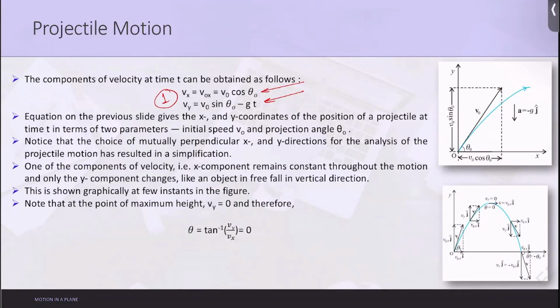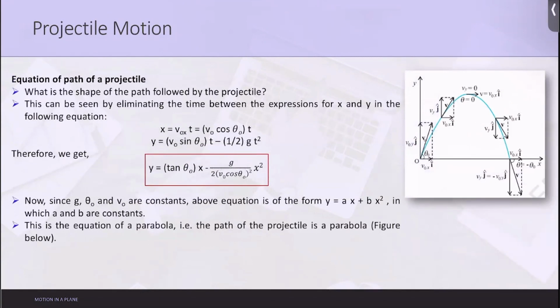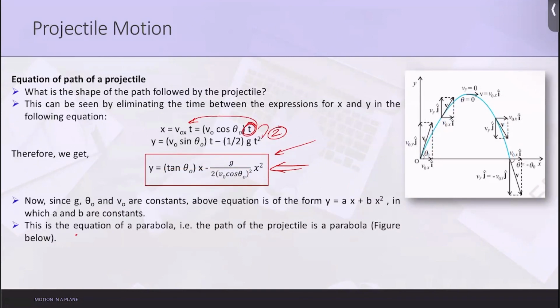Then, when we understood the equation of projectile motion, how did we obtain this? We just substituted the value of t from equation number 1 into equation number 2, and finally we obtained this form for the equation of the path of a projectile. We obtained that this is the equation of a parabola.